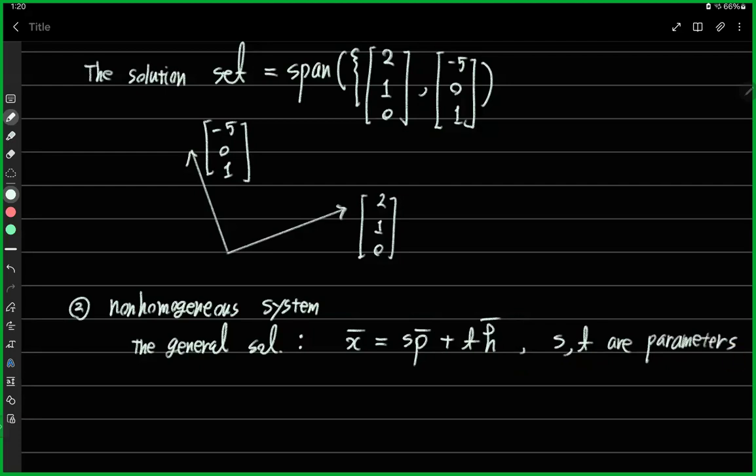Okay, so here's the example. So actually, t h is the solution of the homogeneous system. So the solution of a non-homogeneous system consists of the solution of the homogeneous system plus a particular solution.